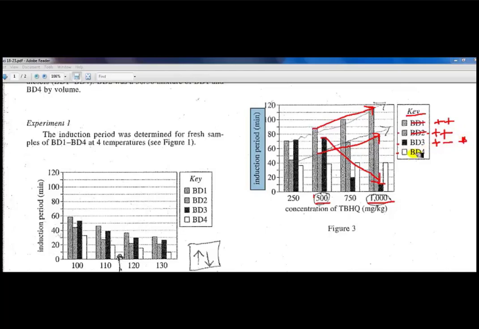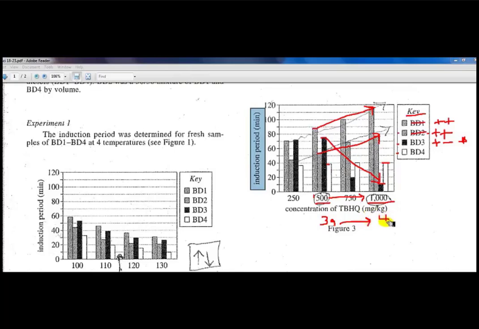BD4 is the non-colored bar. If you look at 500 concentration, you see that we are just under 40 over here, about 39. Then we increase from 500 to 1,000. Find the non-colored bar over here. And now you see we are at 40. So it goes from 39 at 500 to roughly 40.